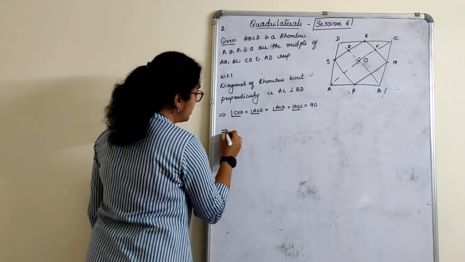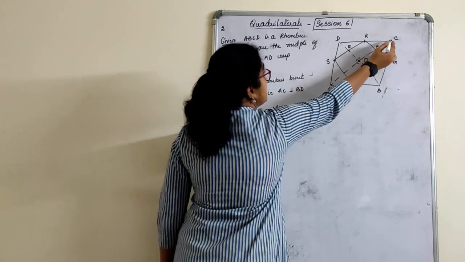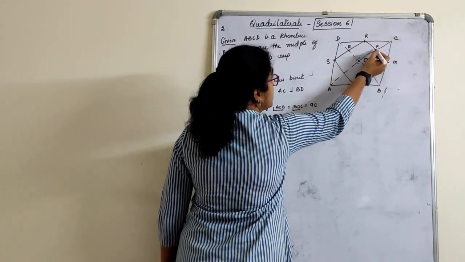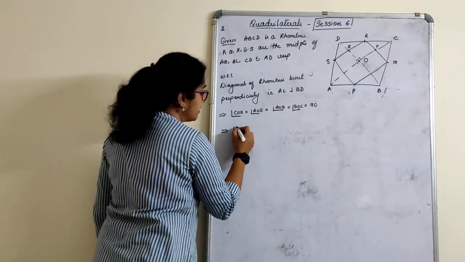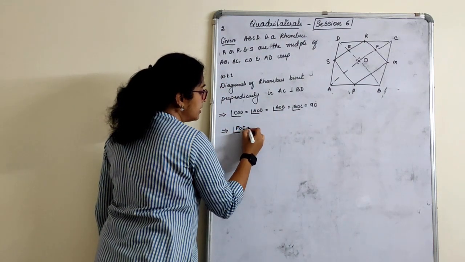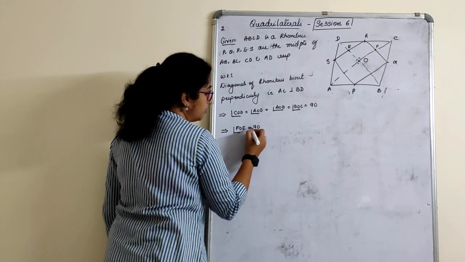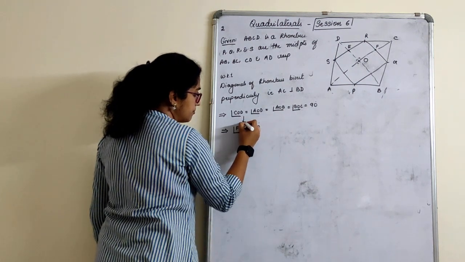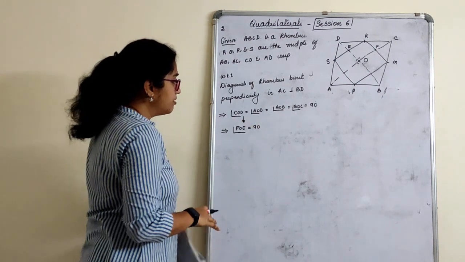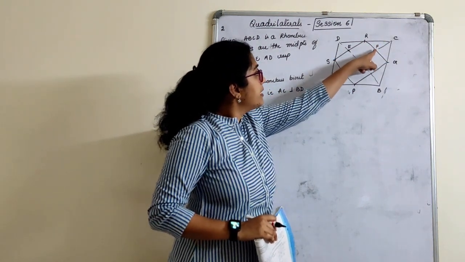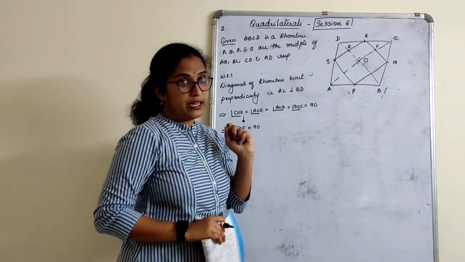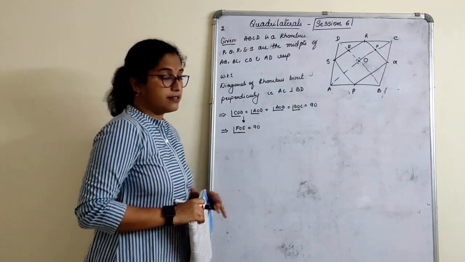This also implies angle COD is nothing but angle EOF, both are equal, or FOE. Angle FOE is also equal to 90 degree, right? Nothing but this angle. How did we arrive at this angle? COD and nothing but FOE. Is it very clear? Okay. Keep this as it is.